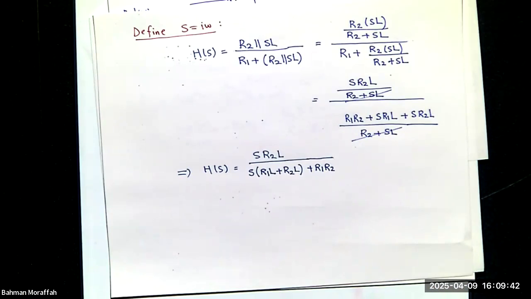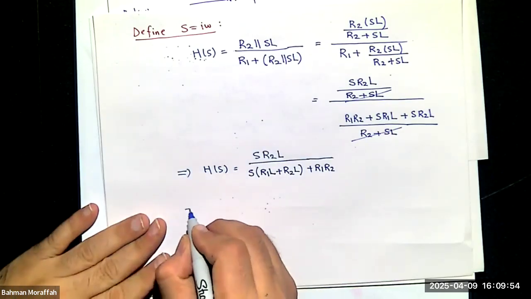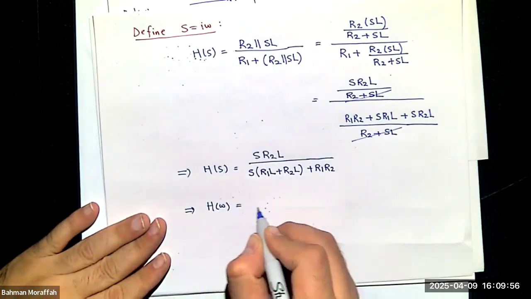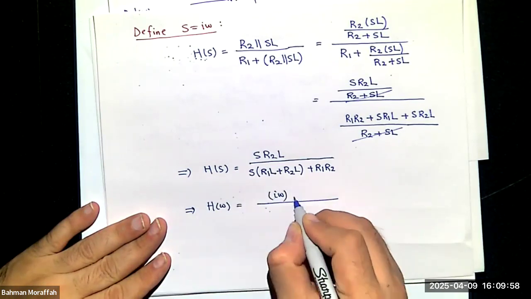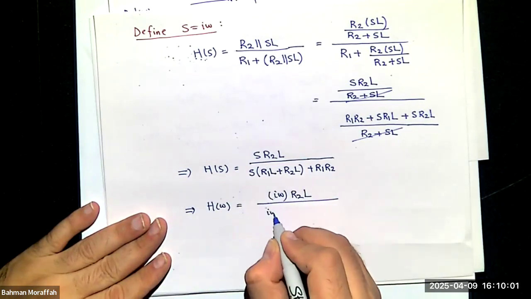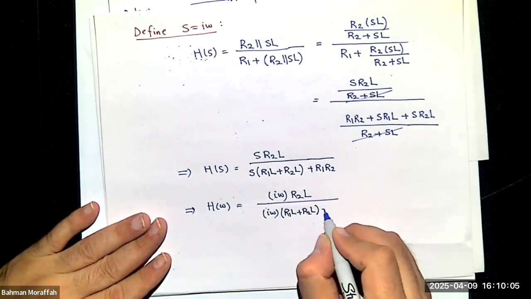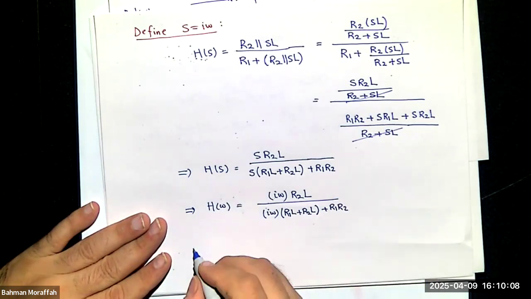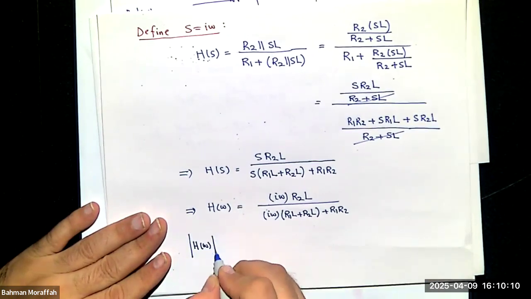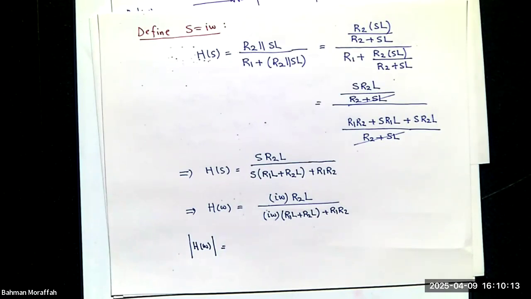Yeah? Remember, this s is i omega. So to know exactly what it is, I have to look at this H of s, but look at the magnitude of it. So I'm going to replace it by i omega. So I have H of omega equals i omega R2 L, divided by i omega times (R1 L plus R2 L) plus R1 R2. What is the magnitude of it? It's the magnitude of the numerator divided by the magnitude of the denominator.